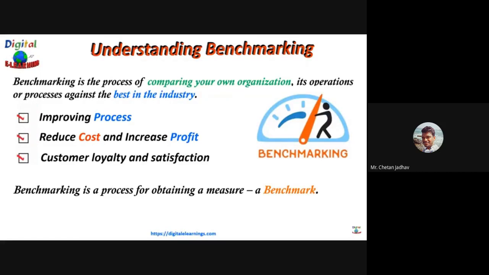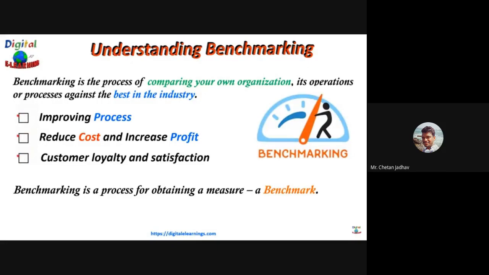For example, suppose it takes 30 minutes to produce your own product. So is the 30-minute measurement good or bad? The only way for you to know is to compare against other data, such as the time it takes the other organization to produce a similar product.